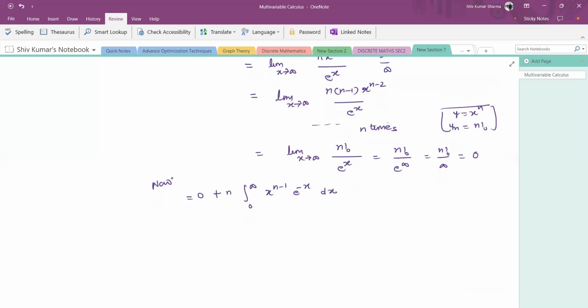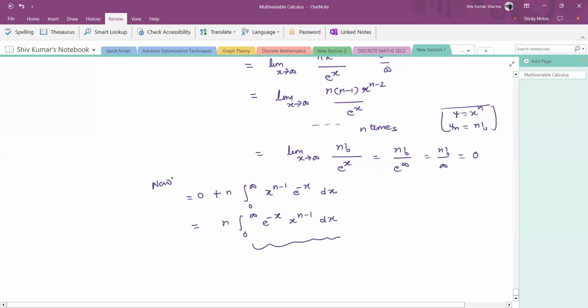Okay. So this can be written as n integral 0 to infinity e raised to the power minus x into x raised to the power n minus 1 into dx. Here we use the definition.